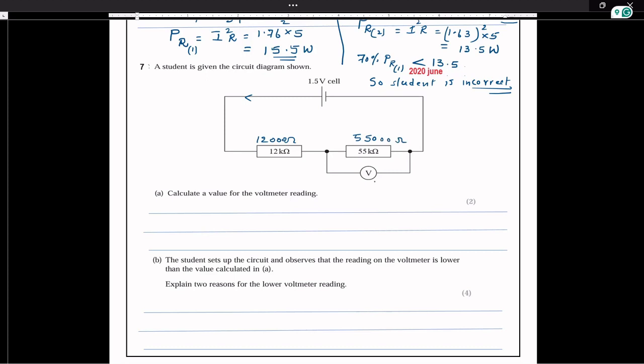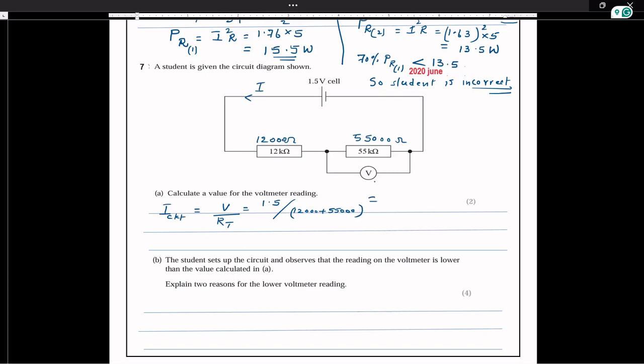So the circuit current I equals voltage over R total, which is 1.5 over 12,000 plus 55,000.